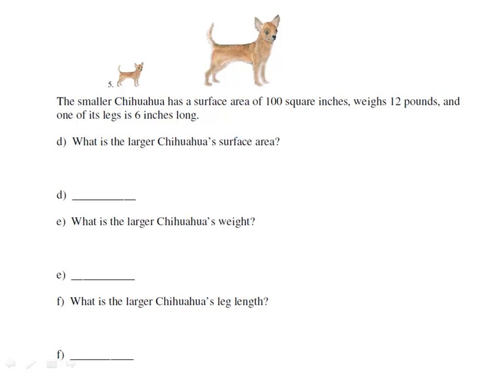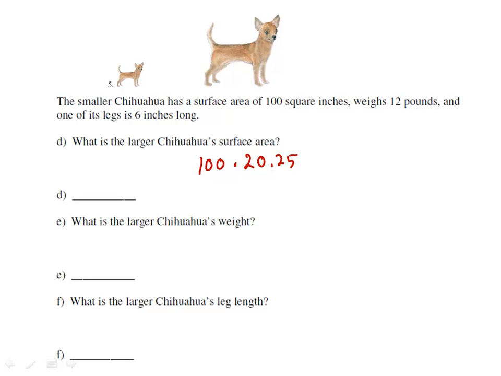All right, the smaller Chihuahua has a surface area of 100 square inches, weighs 12 pounds, and one of its legs is 6 inches long. All right, so what is the larger Chihuahua's surface area? All right, what's our ratio for area? It's 20.25. So we have 100 times 20.25 because the smaller Chihuahua is 100 square inches.